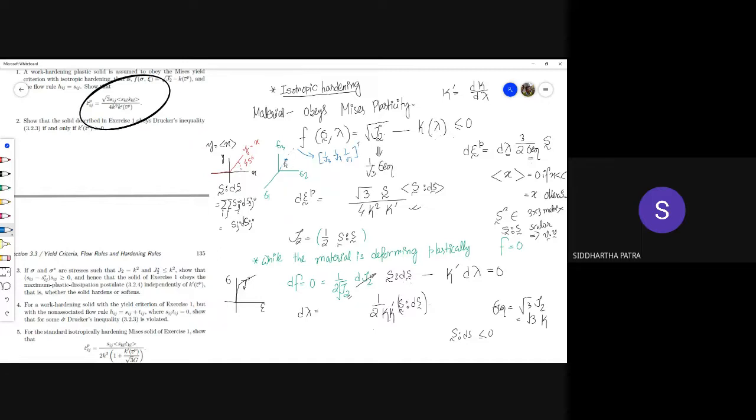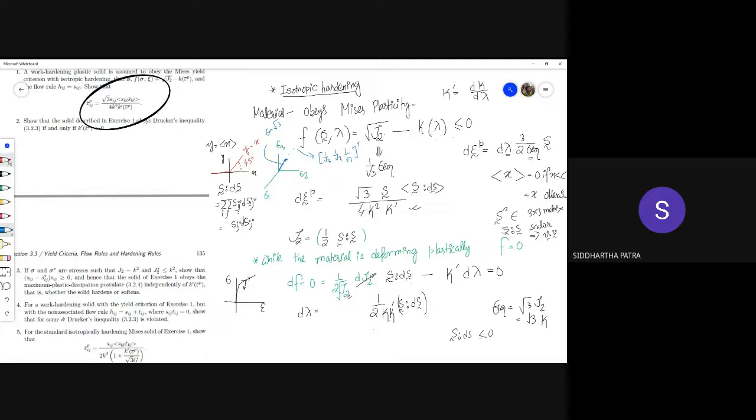Let's say this much is the hydrostatic stress, which would be sigma m root 3. So this is the length of the vector. When you take components along each direction, it is sigma m, sigma m, and sigma m. So that is the hydrostatic part of the stress.